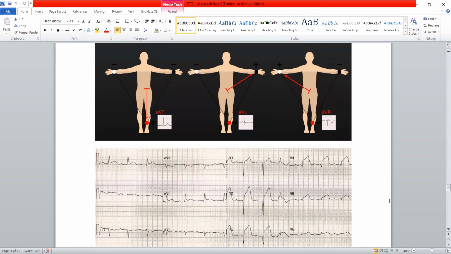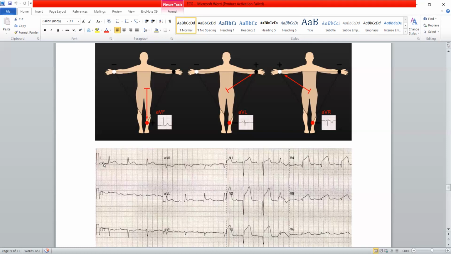Now let me show you with the cursor. First of all, let's look at the lateral leads. This is P wave and the segment before P wave is TP segment. So this is our reference line.